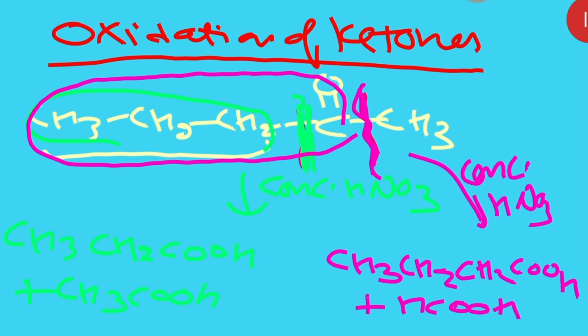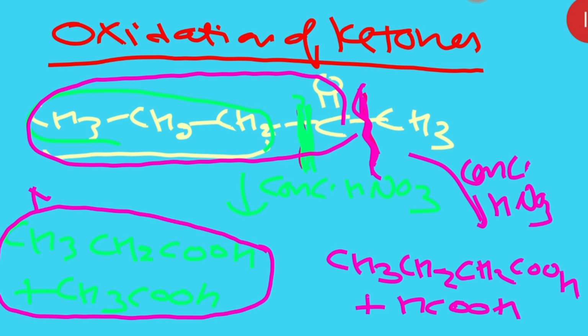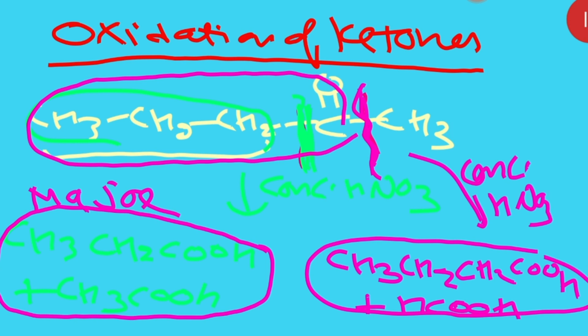Do you know what they are telling? They are saying this green one is the major product and this is the minor. Do you know why?